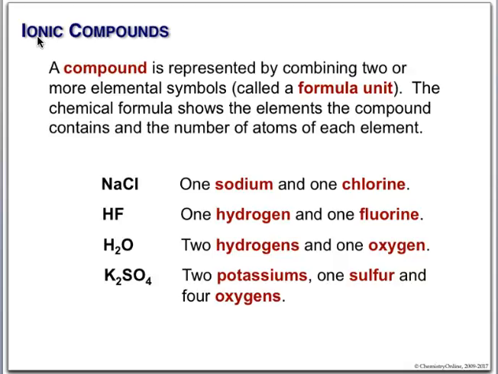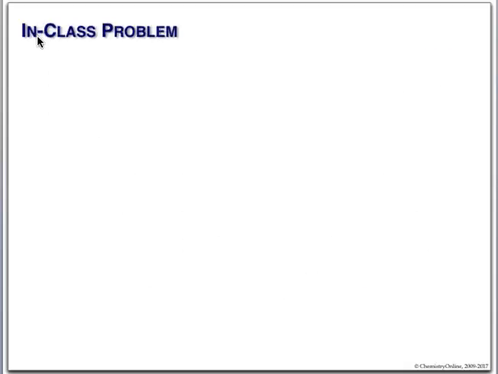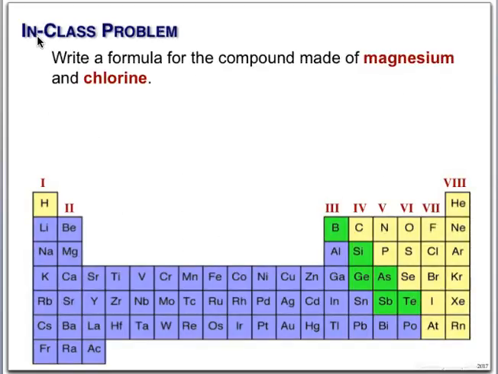All right, well, let's build a couple simple compounds. Go ahead and write the formula for a compound made of magnesium and chlorine. Step one, you have to find them on the periodic table, don't you? Magnesium is here in group 2, right there. So it'll form a +2, won't it? Chlorine is here in group 7.